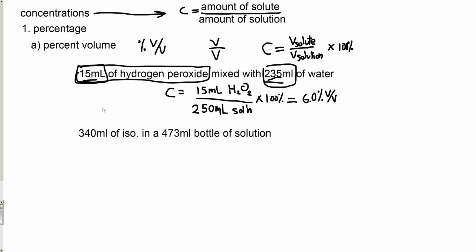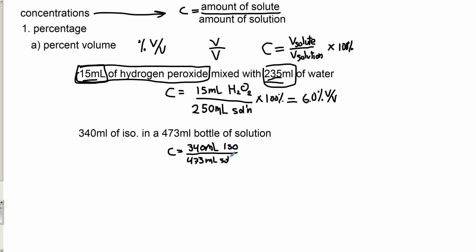So again, we do the same formula. Volume of solute up top, I'll say 340 mL of iso divided by 473 mL of solution.